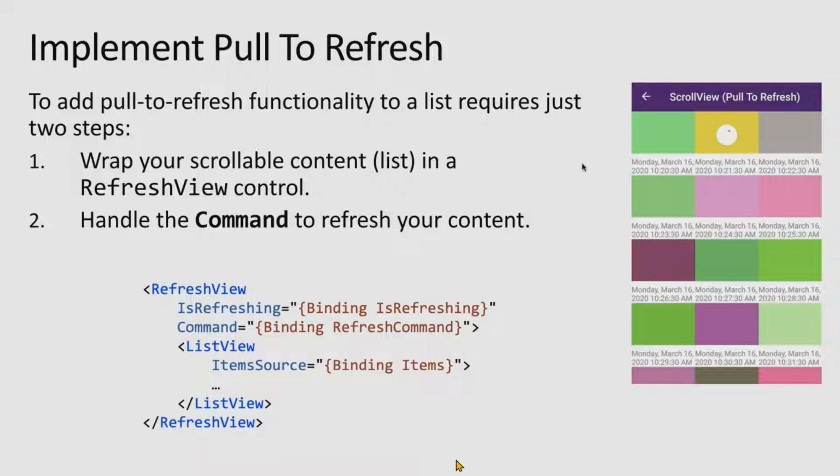And using it is very easy. As we said, we wrap any control. In this case, we are using a list view inside the refresh view. The two main properties are IsRefreshing, a boolean that of course we can bind and use with MVVM and all the stuff that you probably love, and we can also use a command to execute the logic to refresh the list.